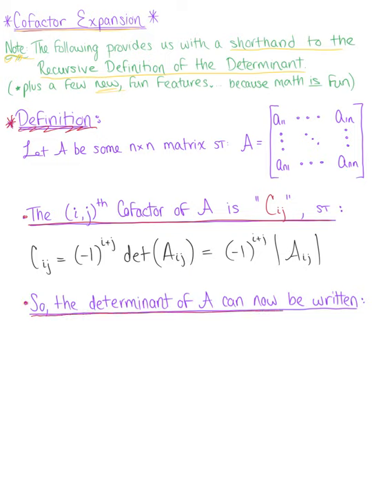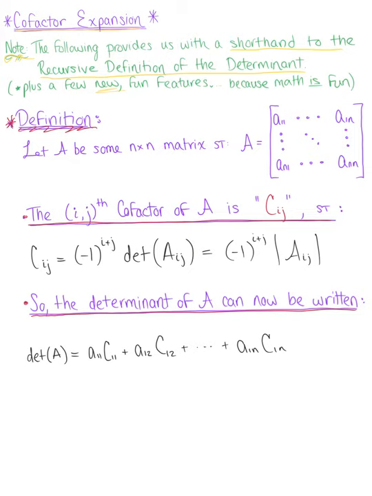So keeping this cofactor in mind here, we can now rewrite the determinant of an n by n matrix A as follows. So we have the determinant of matrix A is equal to the entry A sub 1,1 multiplied by the cofactor C sub 1,1 plus A sub 1,2 multiplied by the cofactor C sub 1,2. And this process continues all the way up to the last entry in the first row multiplied by the corresponding cofactor.